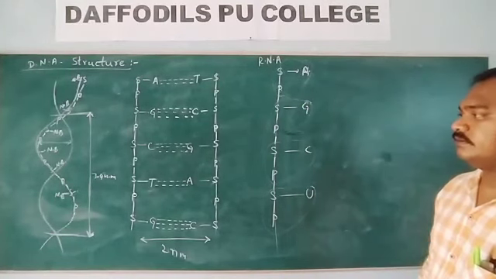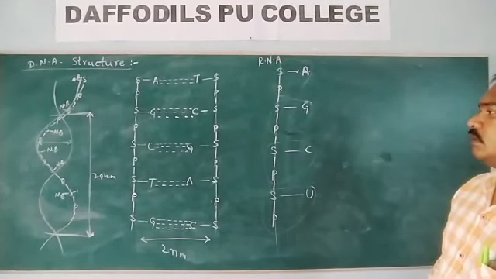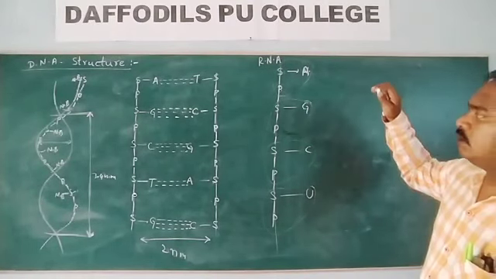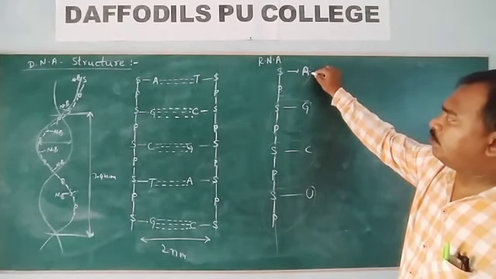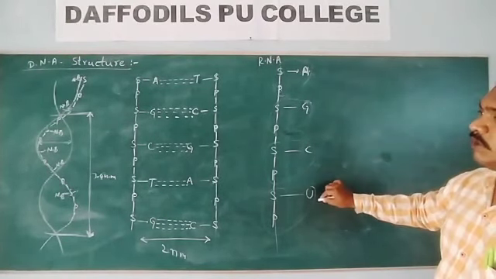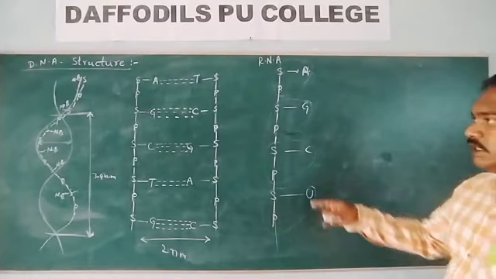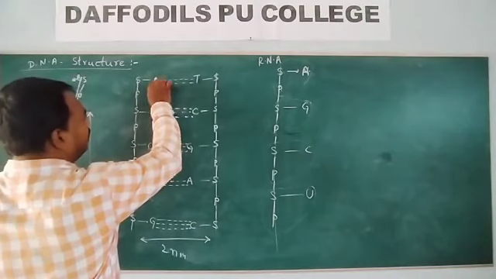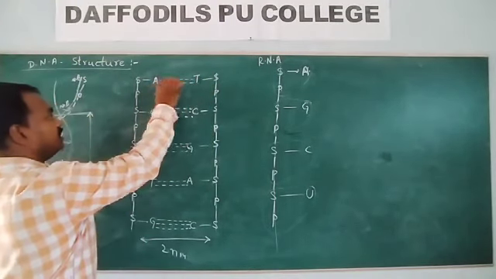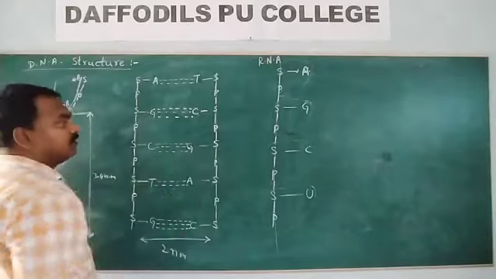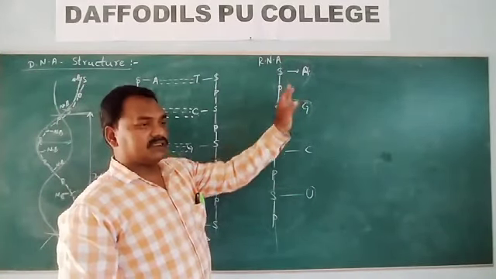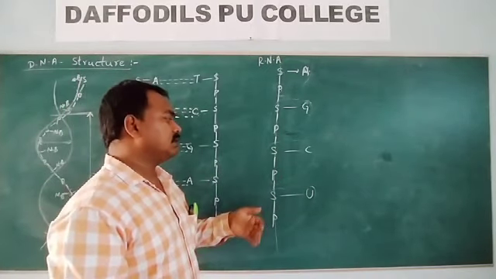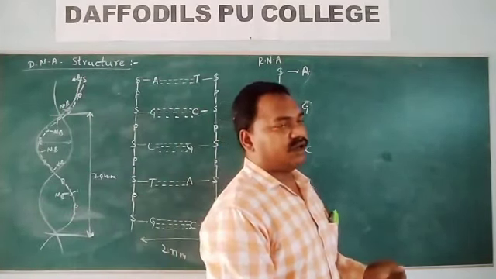In RNA, there is no condition that the number of adenine is equal to the number of uracil groups. But in DNA, the number of adenines is equal to thymine; A is equal to T, G is equal to C. But in RNA, some RNAs have more adenine groups, some RNAs have less adenine groups.